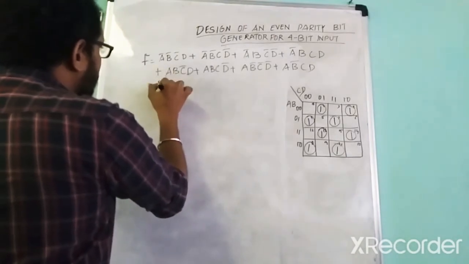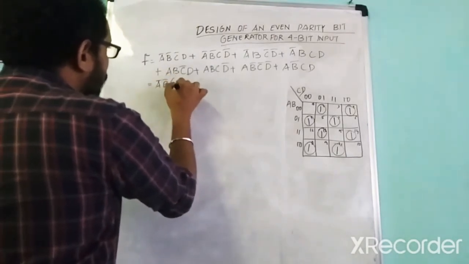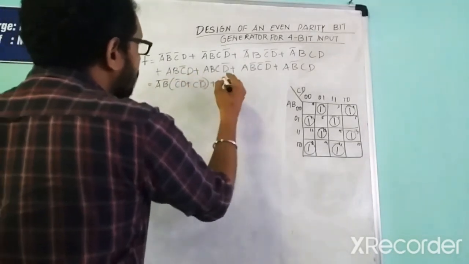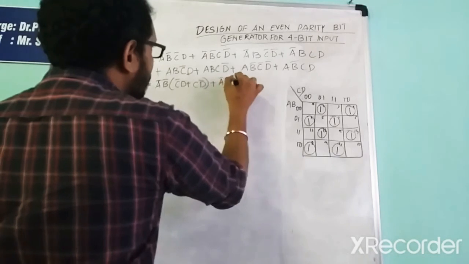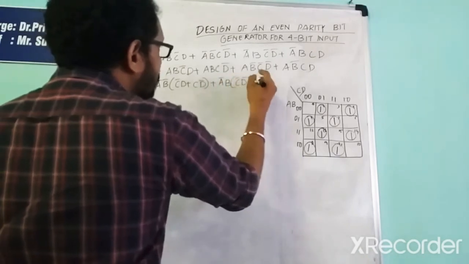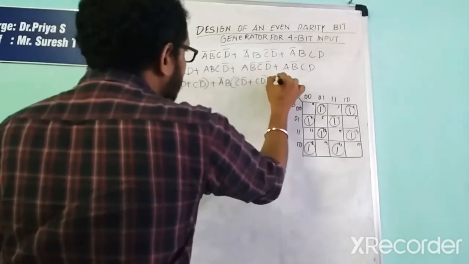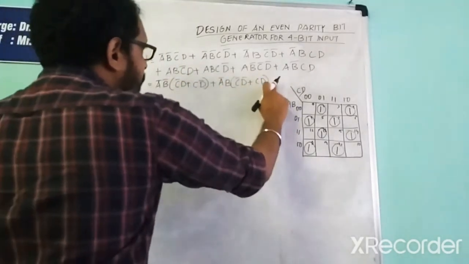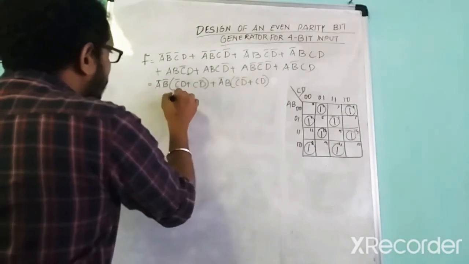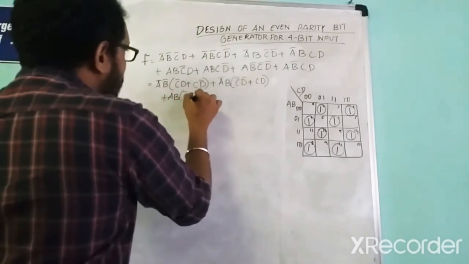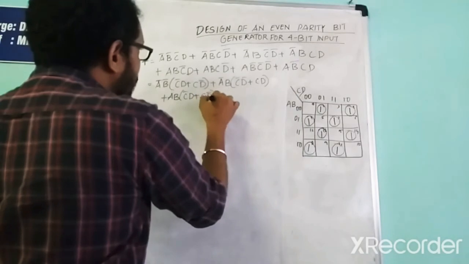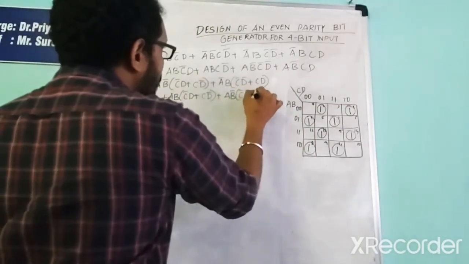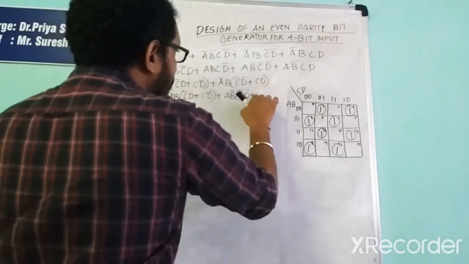We have a bar b bar into (c bar d plus c d bar) plus a bar b into (c bar d bar plus c d) plus a b into (c bar d plus c d bar) plus a b bar into (c bar d bar plus c d).